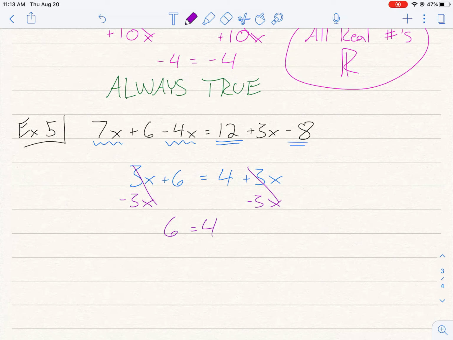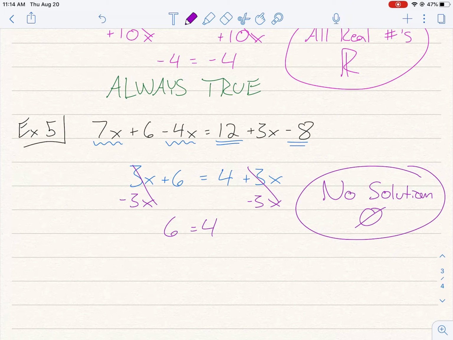Now, 6 is not equal to 4. At no point, I'm not trying to trick you here. Because all of our variables canceled themselves out and we got a false statement at the end, that means that there is no solution. Or you could have the circle with the line through it.